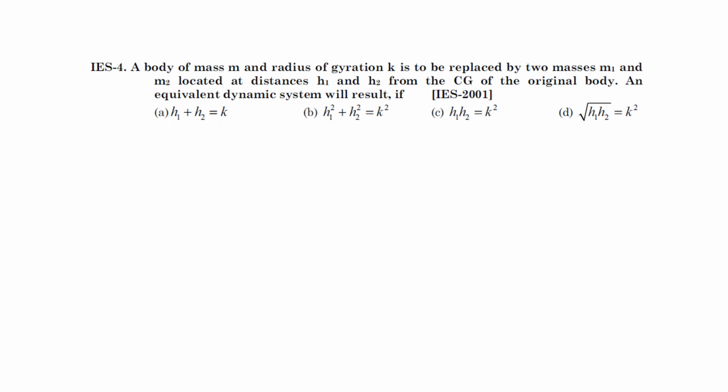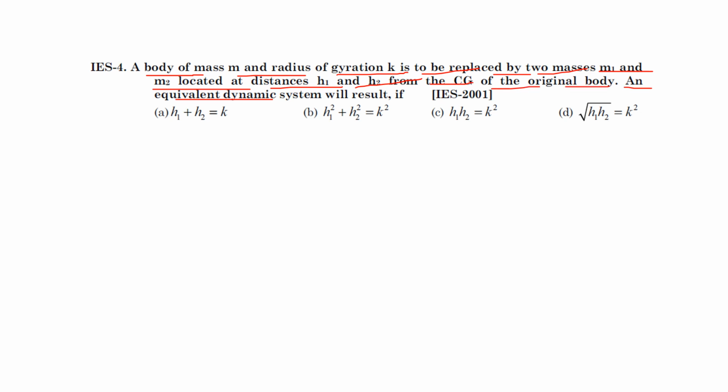This is also a formula based question. A body of mass m, radius of gyration k, is to be replaced by two masses m1 and m2 located at distances h1 and h2 from the CG of the original body.